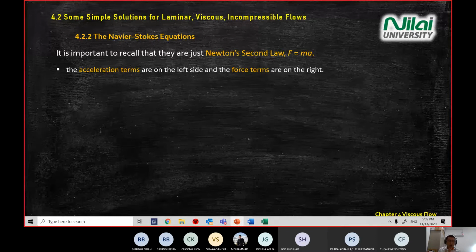So the panel will ask you what is the fundamental of the Navier-Stokes equation, or to explain what the Navier-Stokes equation is. If you're able to explain that the content is about Newton's second law, then the panel will know that actually you know what you are talking about, right?